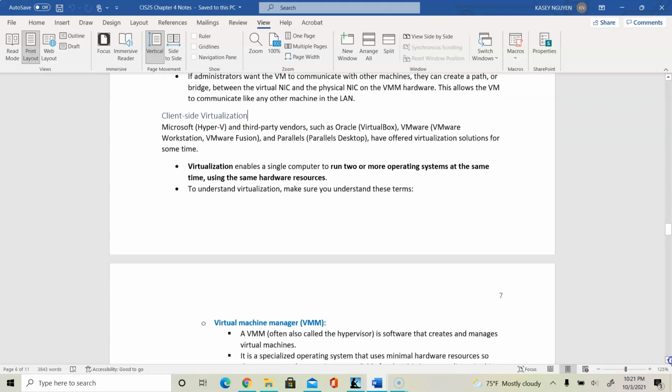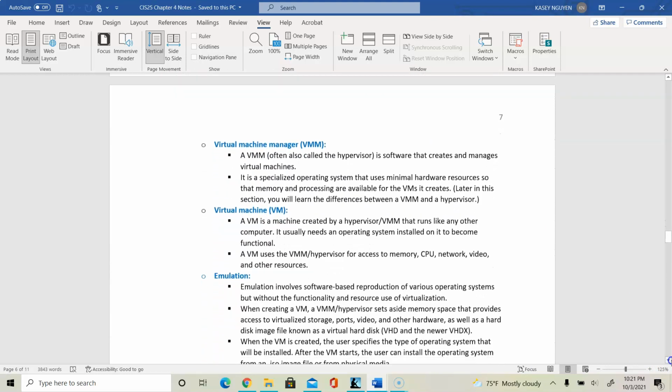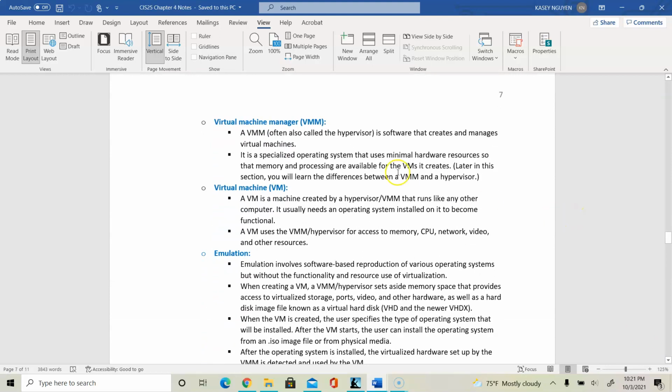So then we would see that there are a few things that we need to familiarize ourselves with as far as terminology for CompTIA A+. Virtual Machine Manager, which is your VMM. This is considered a hypervisor, like what we talked about with VirtualBox and VMware Player. Those are the software that you use to create and manage virtual machines.